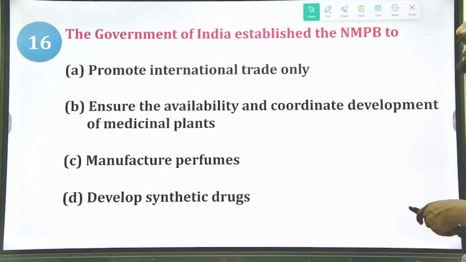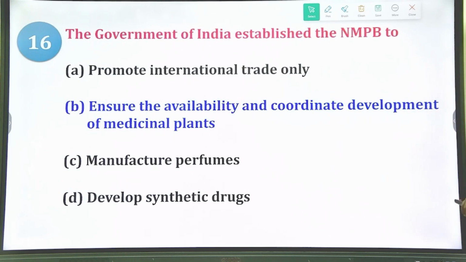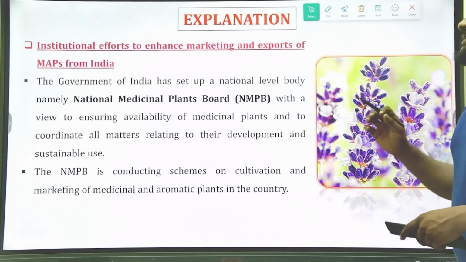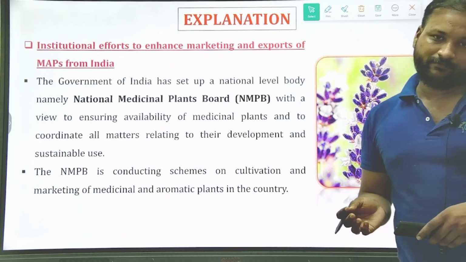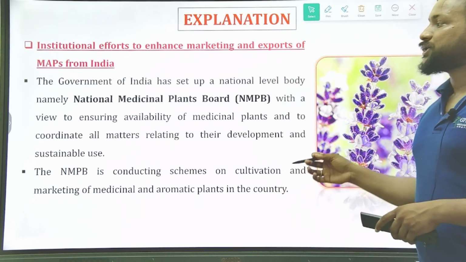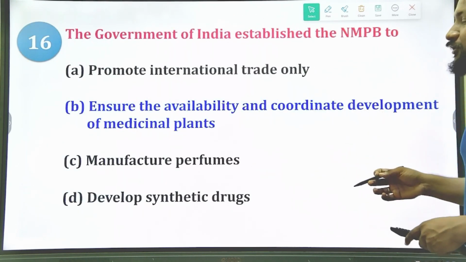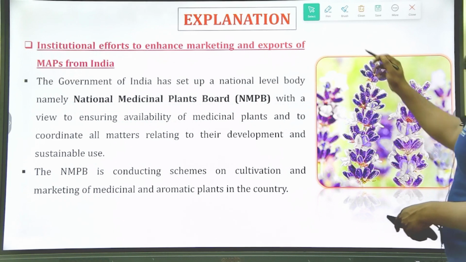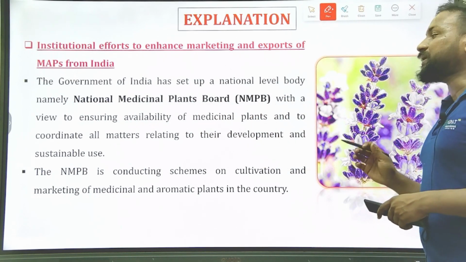So option B is the right answer. To ensure the availability and to coordinate the development of medicinal plants, the National Medicinal Plant Board has been set up by the Indian government. That is NMPB.